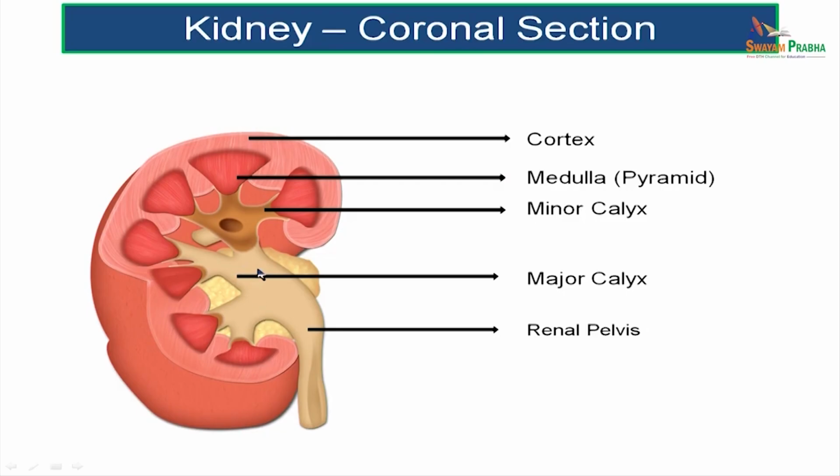The major calyces join and form the funnel shaped renal pelvis. So, the renal pelvis is going to emerge through the hilum of kidney, and continue as the narrow muscular ureter.